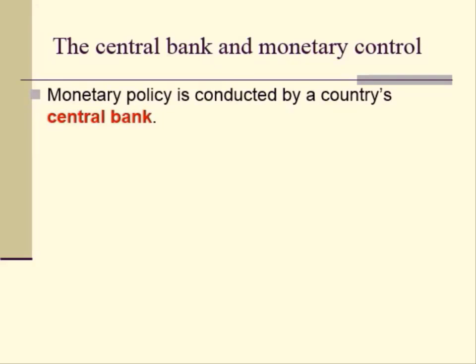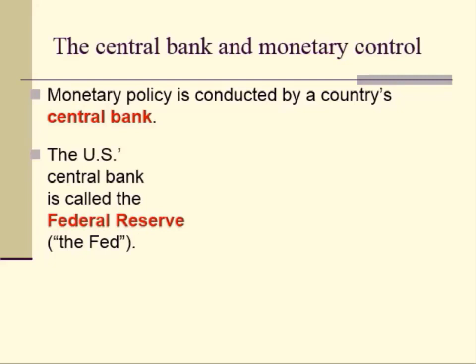Sometimes the central bank is just a branch of the government, but in other cases it is partially independent of the political system. For example, the Fed in the United States. As you probably know, the US central bank is called the Federal Reserve or the Fed.